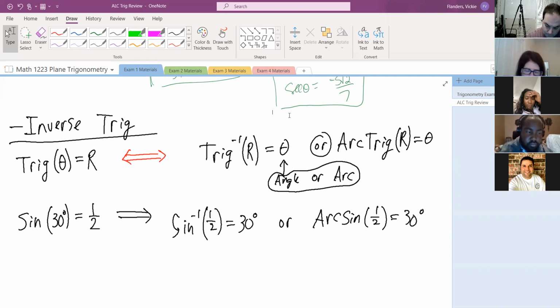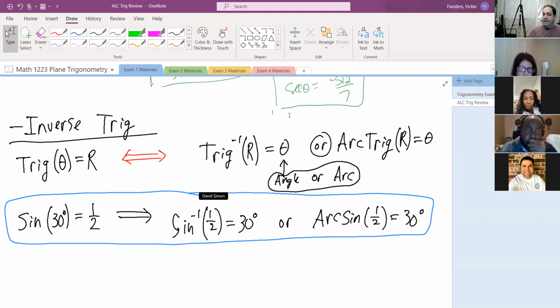This is the basic idea of inverse trig right here: the ability to find an angle, an arc piece of a circle, by using a ratio of sides in a triangle setup. All right, Vic, copy and scroll.